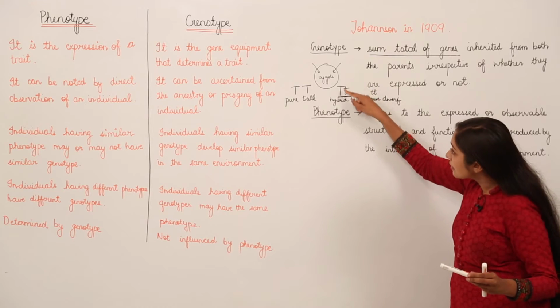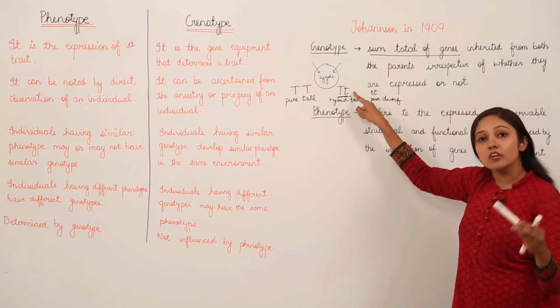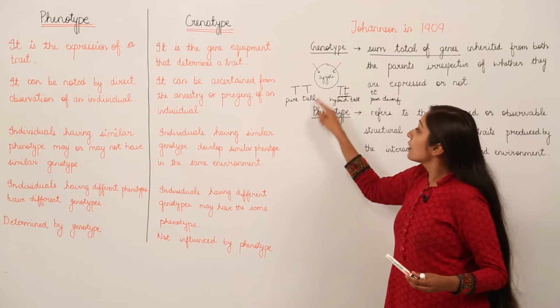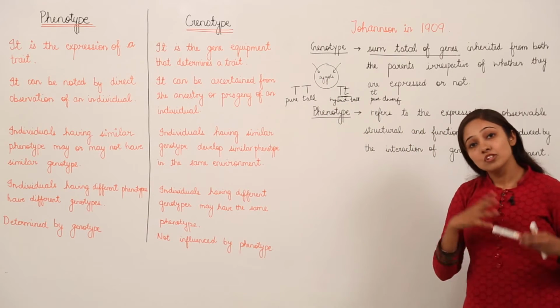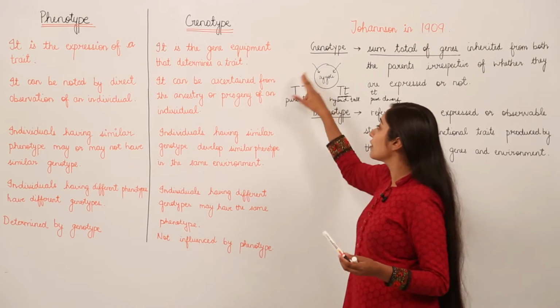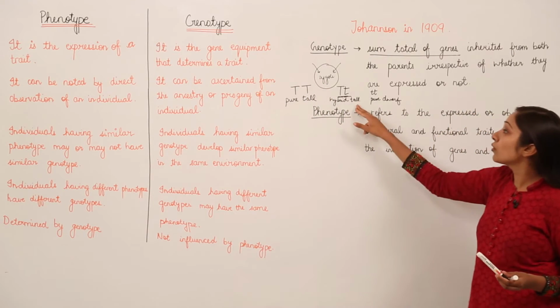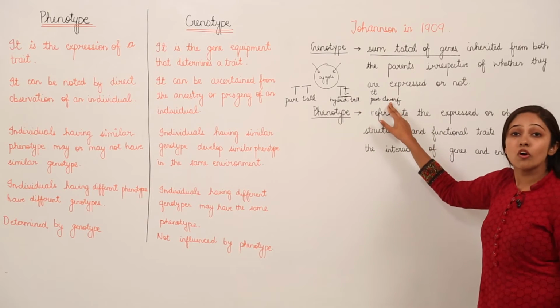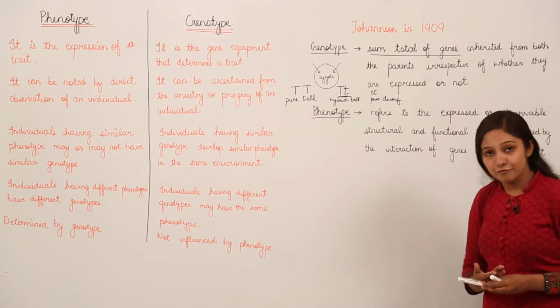We have a recessive gene over here, but it is not going to be expressed because of the presence of the dominant gene. So in both the cases we are going to have a tall pea plant. Capital T and capital T encode for a pure tall pea plant, this one encodes for a hybrid tall pea plant, and this is going to encode for a pure dwarf pea plant.